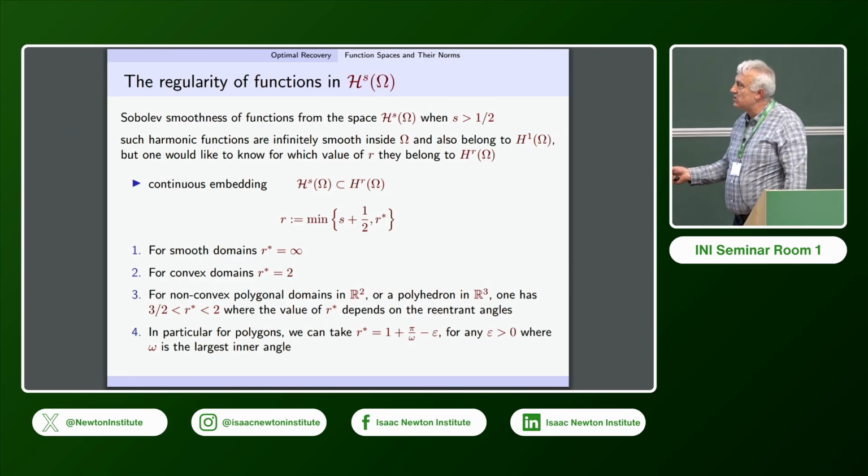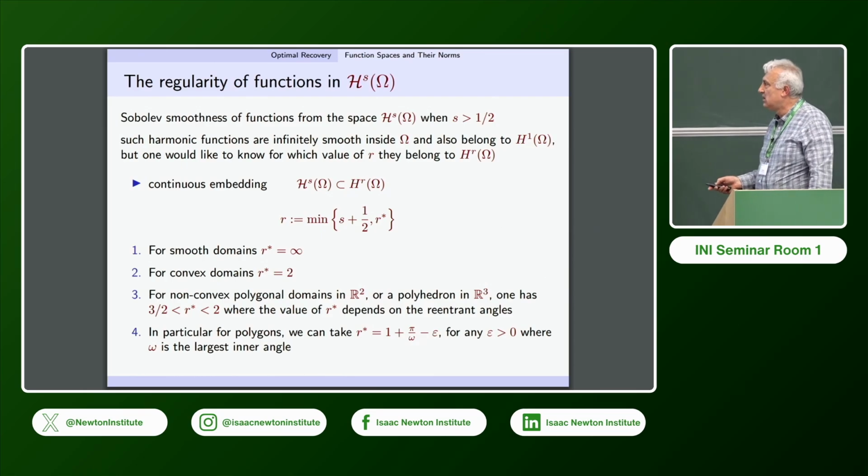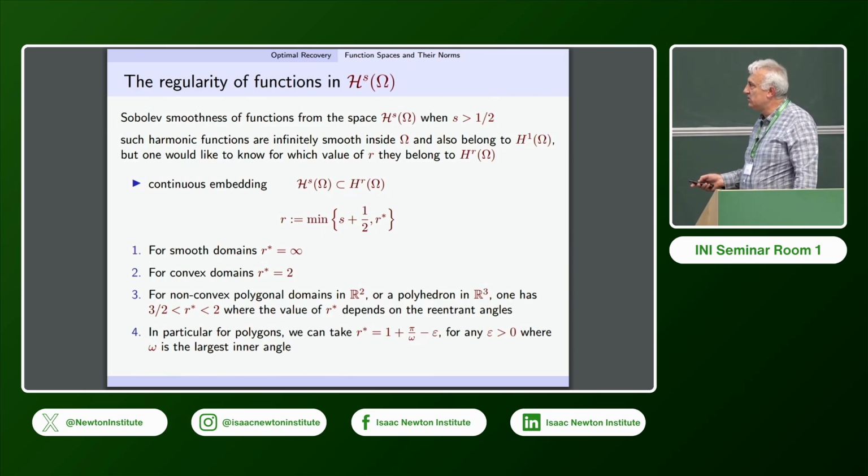No restrictions, of course, if we have a smooth domain. If the domain is just convex, we have R star equals 2, so the smoothness cannot be bigger than 2. And if we have a non-convex polygonal domain in R2 or a polyhedron in R3, then R star is between 3/2 and 2, depending on the reentrant angles.